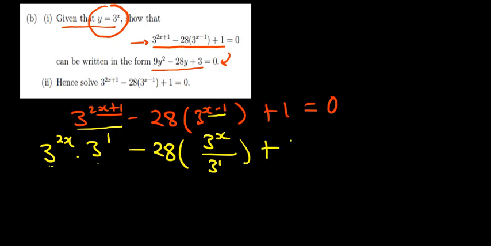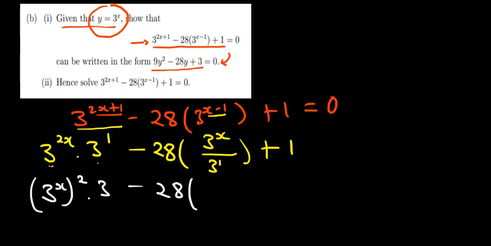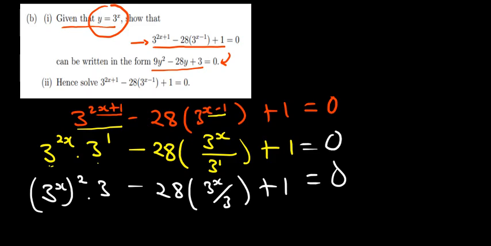And then plus 1. So from here, I see that I can write this 3 to the power 2x in this form. It can be 3 to the power x, with a square outside, multiplied by 3, minus 28, and then 3 to the power x divided by 3, and then plus 1 is equal to 0. Now we can replace.